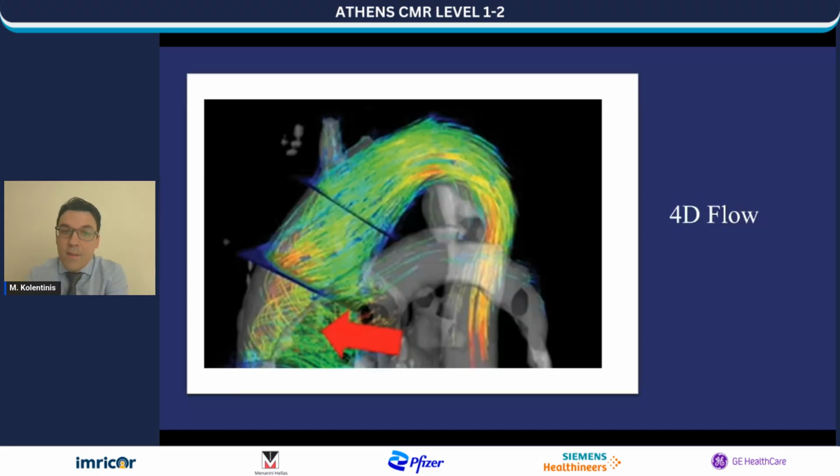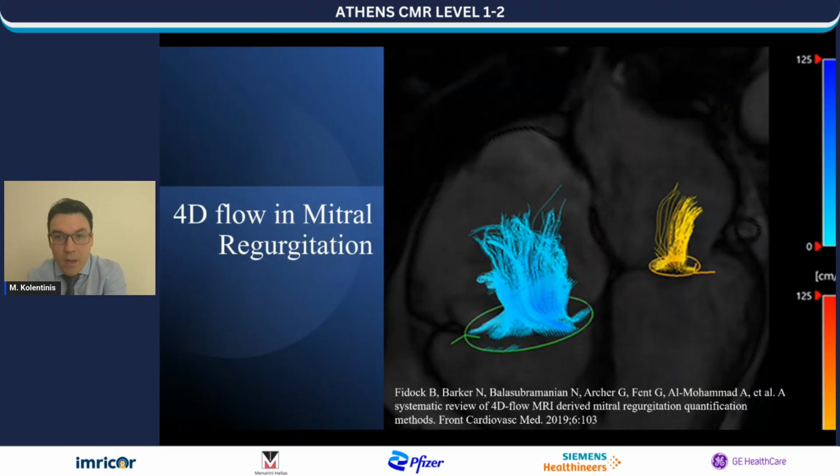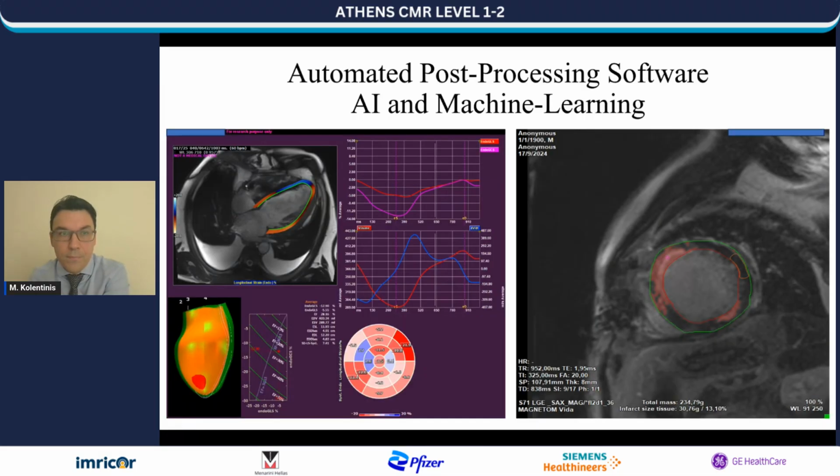There are a few recent developments. 4D flow, a very promising technique. It's been a few years since 4D flow was introduced in MR. It produces some really stunning images and also directly calculates regurgitation volumes, but it hasn't found its way yet into everyday clinical practice because it's very technically difficult to perform, and also not many centers have the sequences required.